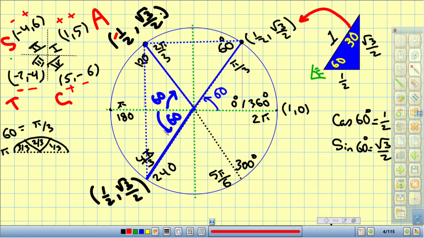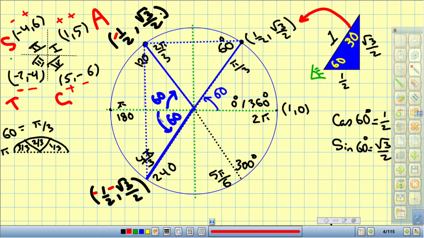This is the third. That is very true. Both are negative. Because again, you pick any point here, you'll end up with a negative cosine and negative sine.